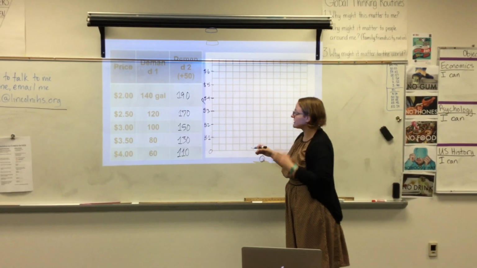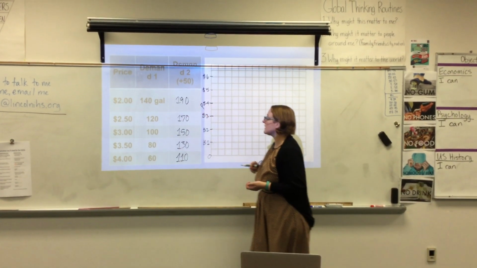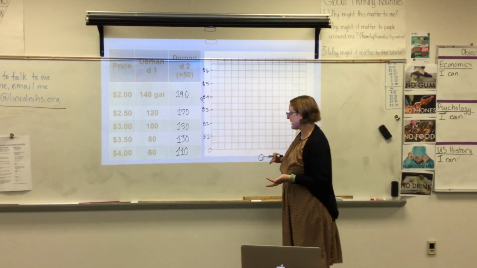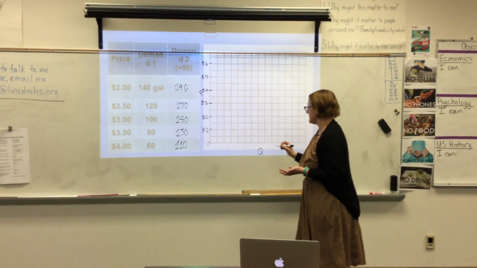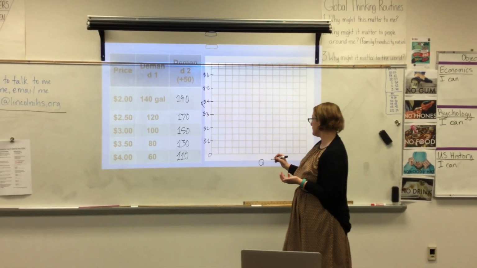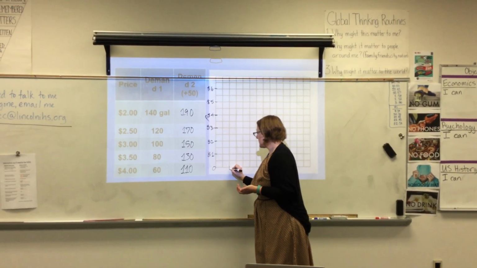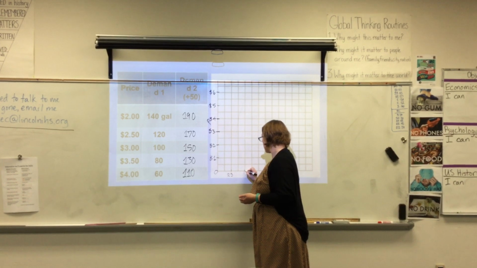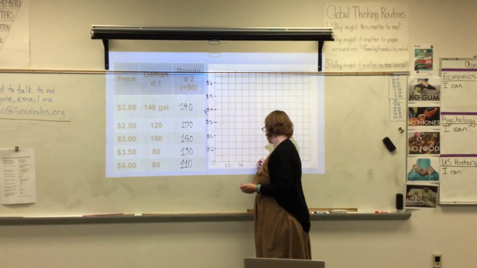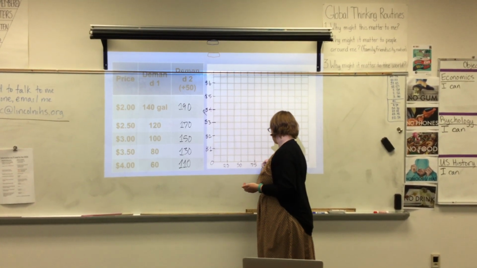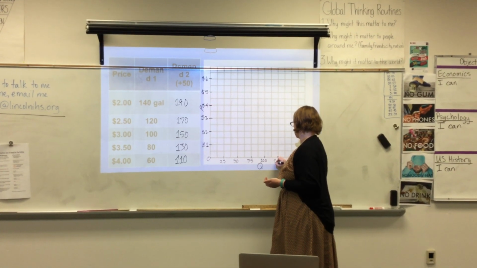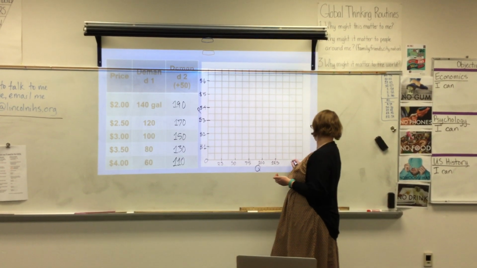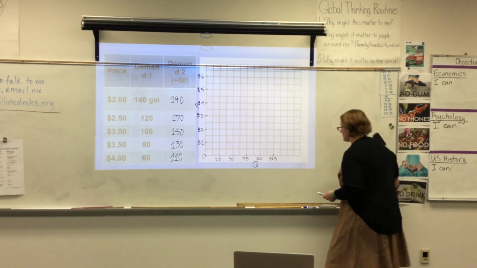Now, for demand, I know that I need to be able to go up to 190 gallons. So my increments here are going to look a little bit different. I think I'm going to do increments of 25. So 25, 50, 75, let's see if this works. I might run out of room. 125, 150, 175, nope, that's not going to work.